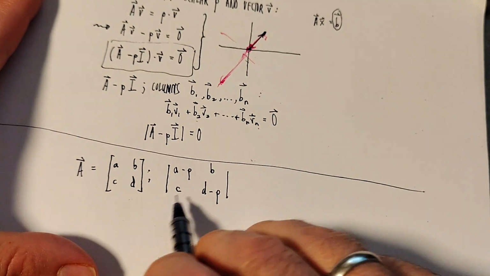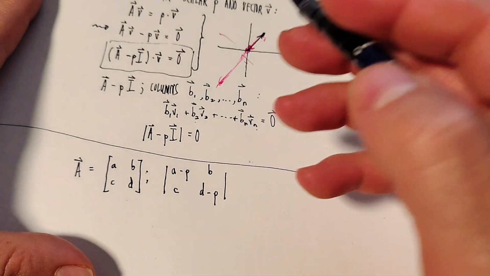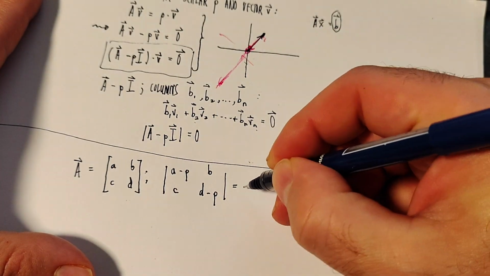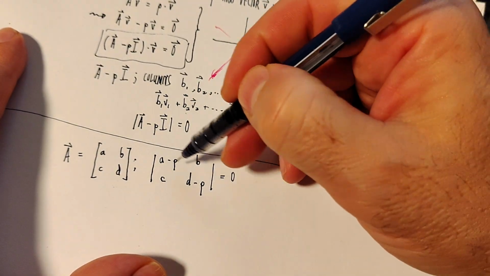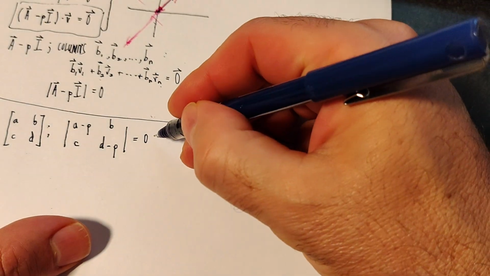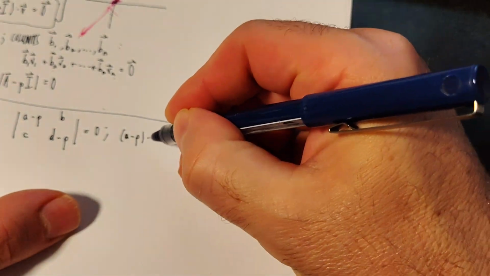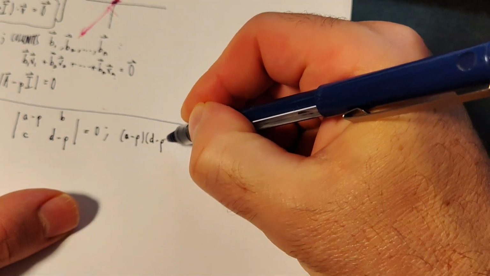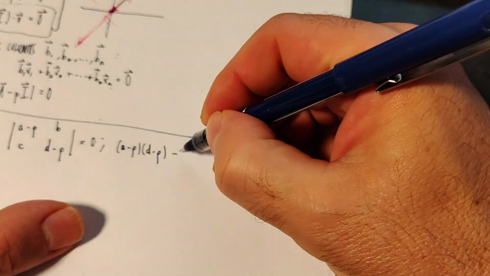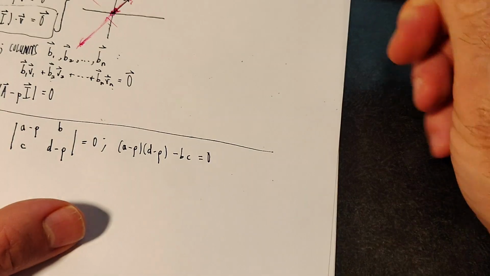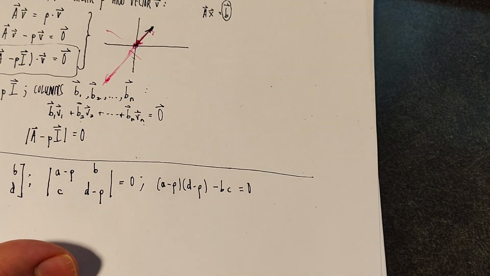You can verify that this is the determinant version of this matrix here, and this is going to have to be equal to 0. If you remember the determinant formula for a 2 by 2 case, that's just a minus rho times d minus rho, minus b times c, is equal to 0. Let's go ahead and factor this out.